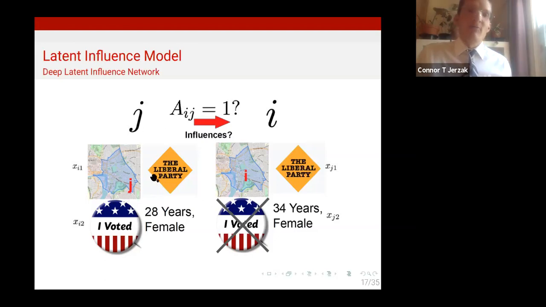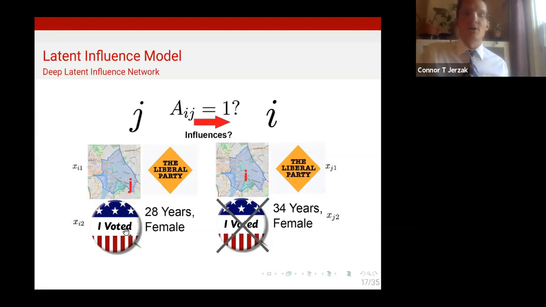We can form some sense for whether person J influences person I by looking at things like their covariate data. This could include where each unit is located, which political party each person is a part of, in addition to whether each person voted or not.